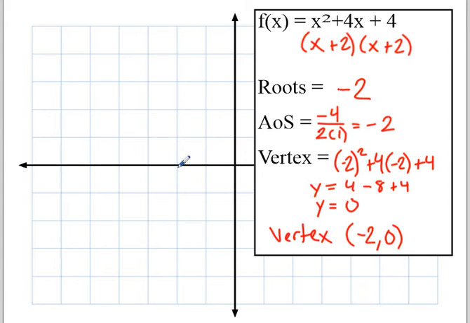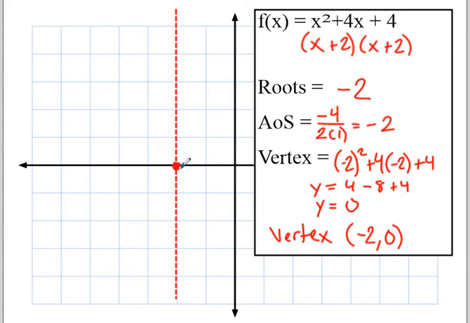Let's draw our axis of symmetry now, which would go through negative 2. And then our vertex, which is at negative 2, 0, is actually the point we already plotted for our root, which means that the root and the vertex are in the exact same spot.